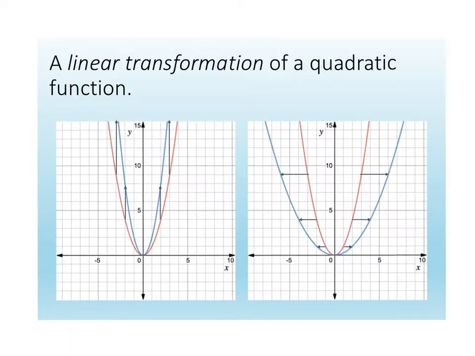Now let's look at dilation and reflection. Dilation is either expanding or dilating parallel to the x-axis or parallel to the y-axis. Two things you need to know. This is parallel to the x-axis. This is parallel to the y-axis.